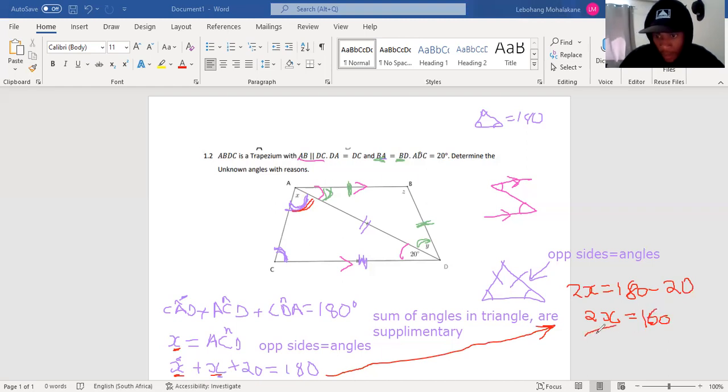So I divide by 2 to find the value of x. So x is going to give me 80. That is my final answer. So finding the value of x.